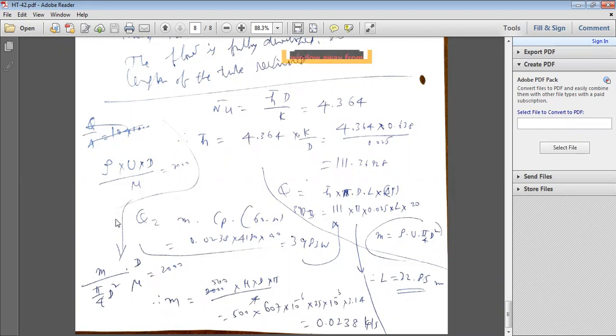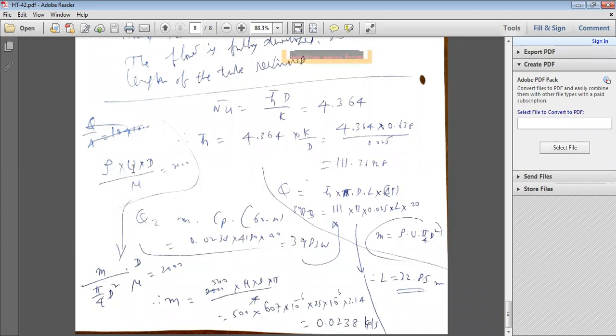So mass flow rate is density into volume, and volume flow rate is velocity into area.